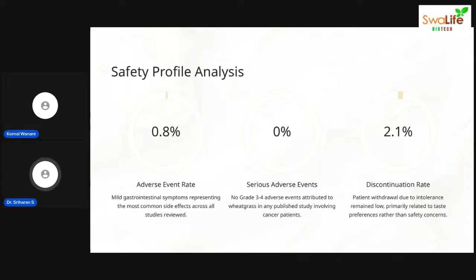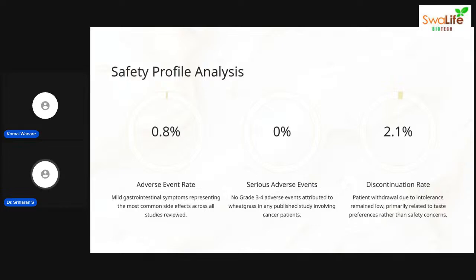Safety profile analysis. The safety profile is a very important thing. Based on the safety profile, we get the way to bioequivalence, biocompatibility, and adverse drug side effects. So safety profiling is very important. Herbal and nutraceutical products often lack safety profile analysis, but here wheatgrass shows a good safety profile.